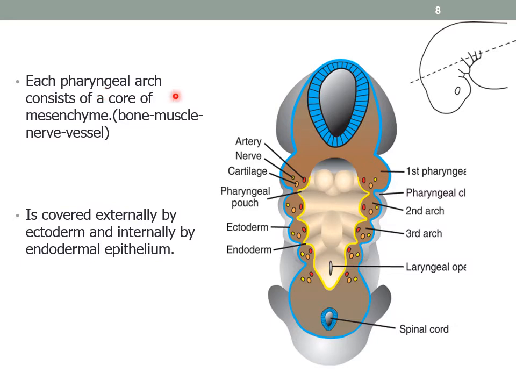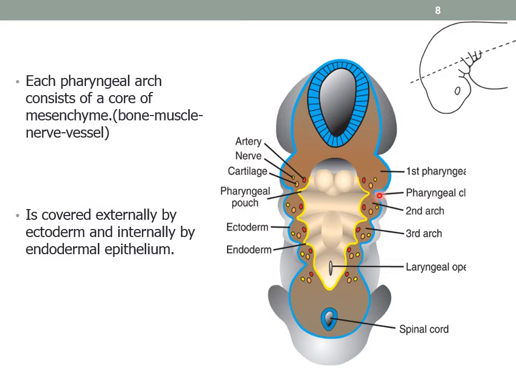Each pharyngeal arch consists of a core of mesenchyme, which gives origin to bone, muscle, nerve, and vessel, and is covered externally by ectoderm. Here, this blue line is the ectoderm, and internally by endodermal epithelium, this yellow color.